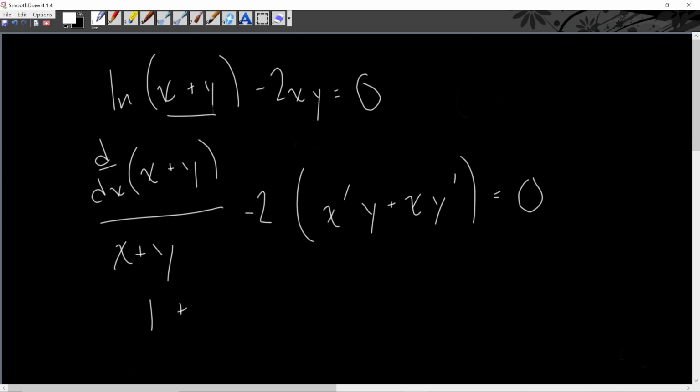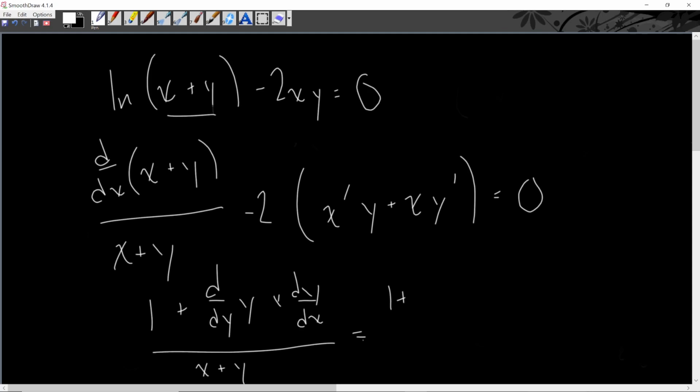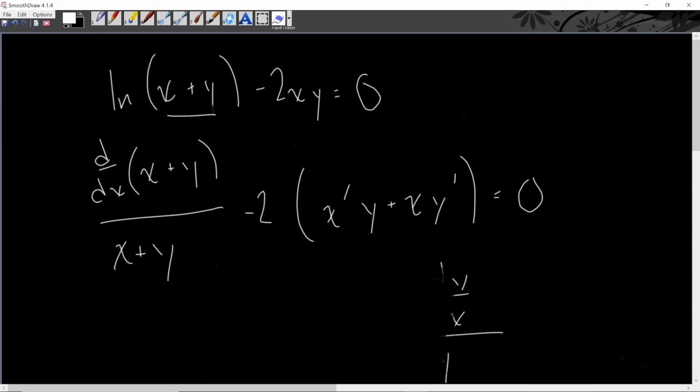plus d/dx of y, which again, it's going to be dy of y times dy/dx, all over x plus y, which dy of y is going to be 1 times dy/dx, so we're going to have 1 plus dy/dx on the numerator, and then x plus y in the denominator. And then from here, we can do x prime, which is going to be 1.